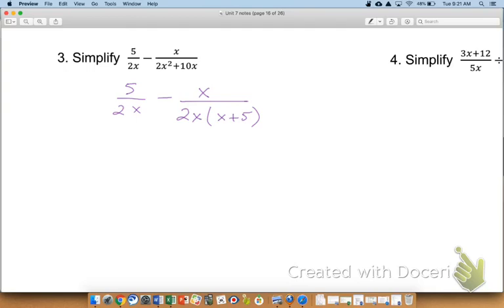And on top of that, I can now clearly see what the left side needs. The fraction on the left side needs a factor of x plus 5 in the denominator. That'll make it the same as the other denominator. But I can't do that unless I also multiply the top by the same thing. This will give me 5x plus 25 over my common denominator.